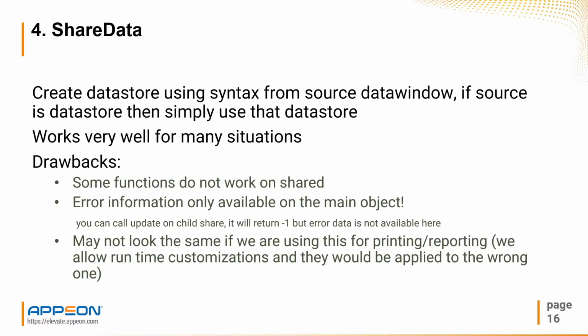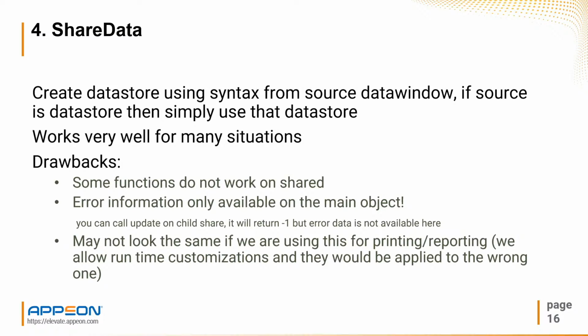The last major option, and a relatively standard option, I think, is using shared data. The idea there is you're going to create a data store using the exact same syntax as your source data window. Now, if you're calling your function and the source object is really a data store, not a data window, then you're not creating the secondary data store and doing the share data.